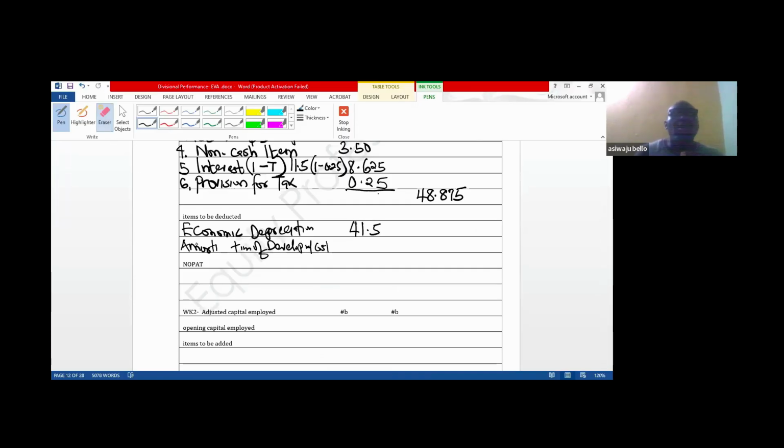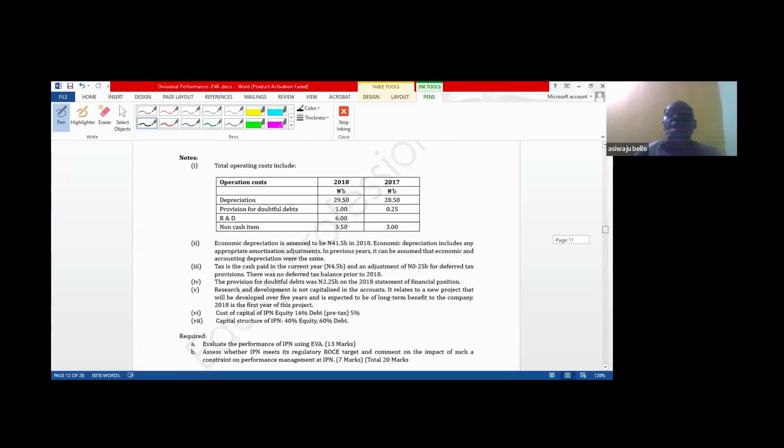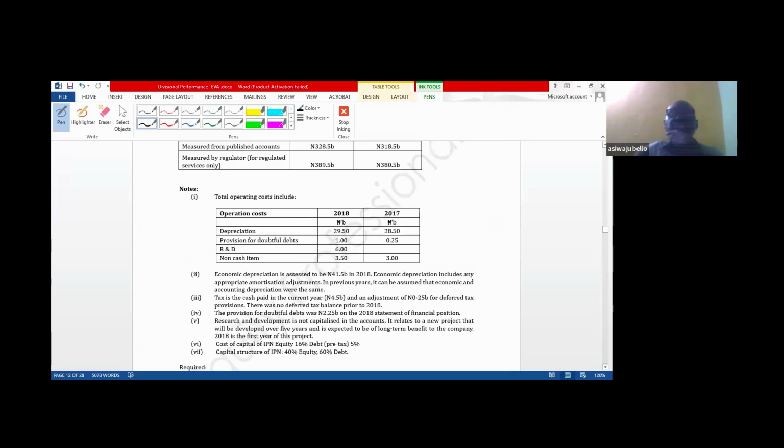Amortization of development costs. Let us go to this. Development costs incurred in 2018, 6 billion. Look at note number 5.